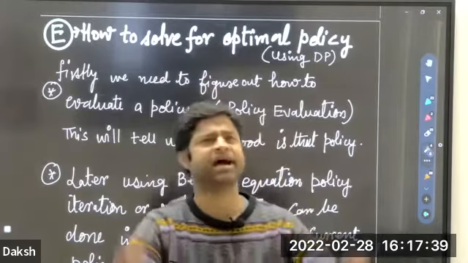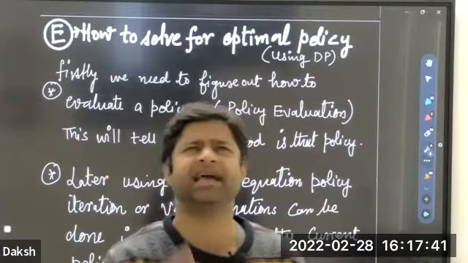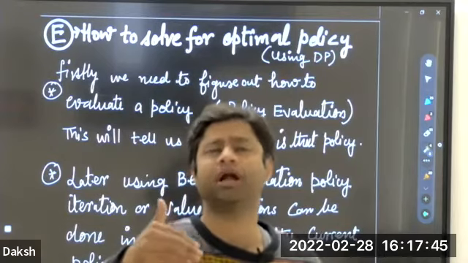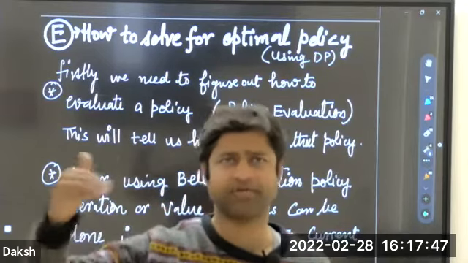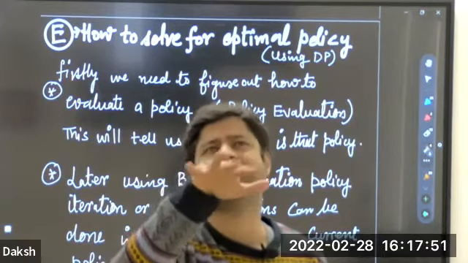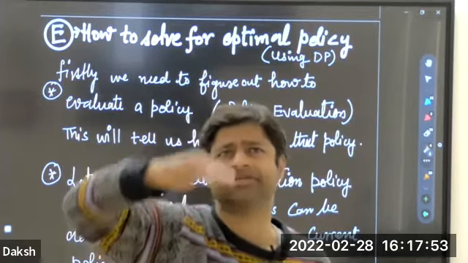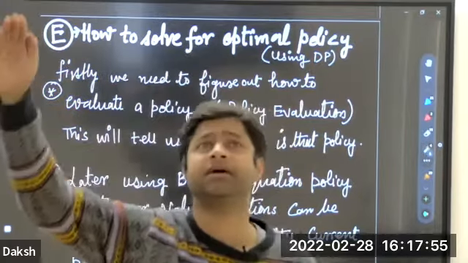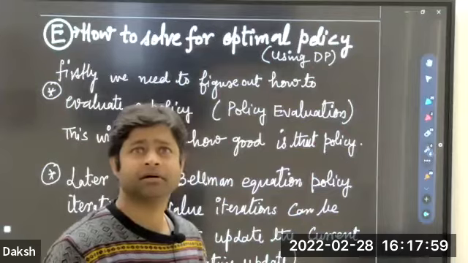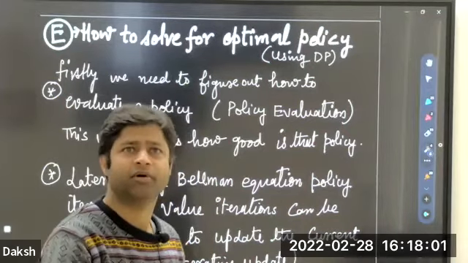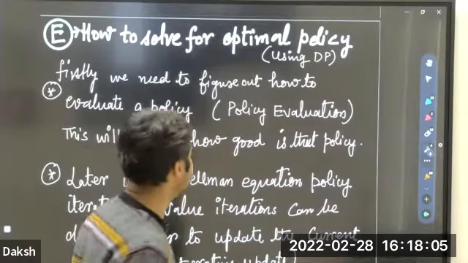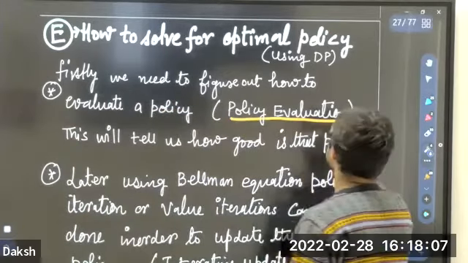In class, I keep on asking questions, and with that I understand what you are trying to understand, and then I give you different things so that you get better and better. So first, I need to understand how to evaluate a student. How can I evaluate a policy? So we want policy evaluation.